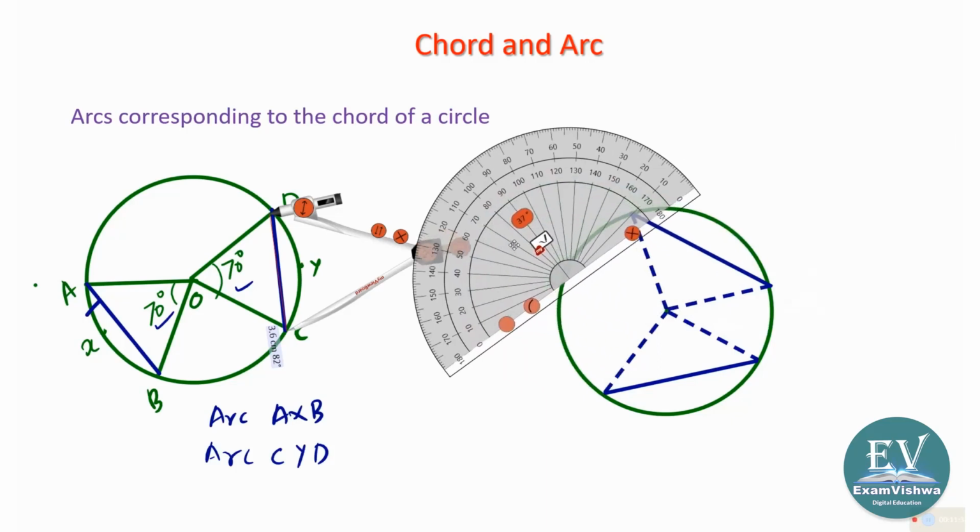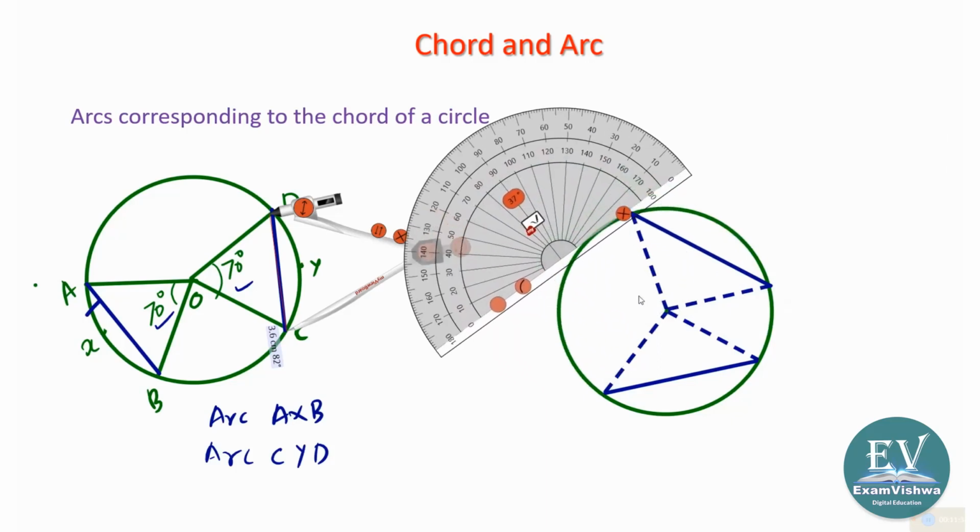So what we will conclude, that if you have congruent chords, here it was 8 centimeter, then we got 95 degree angle here, 95 degree angle here, correct?